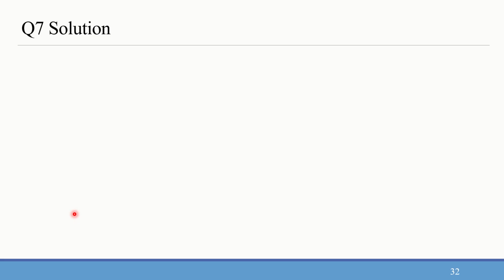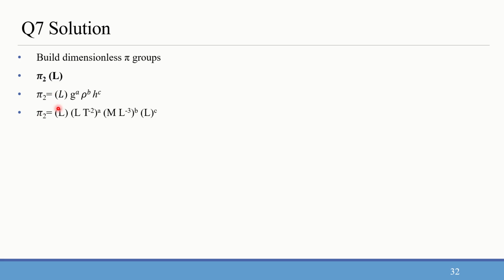So next we have the pi 2 group, and for pi 2 we are taking one more variable, that is L. So Pi 2 is equal to L into g power a into rho power b h power c. I hope it is clear. Instead of sigma we are using L here. So the unit of L is meter, and g is meter per second square, so it is L t minus 2 to the power of a.